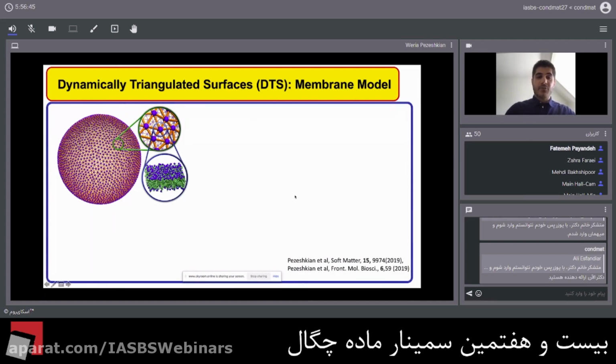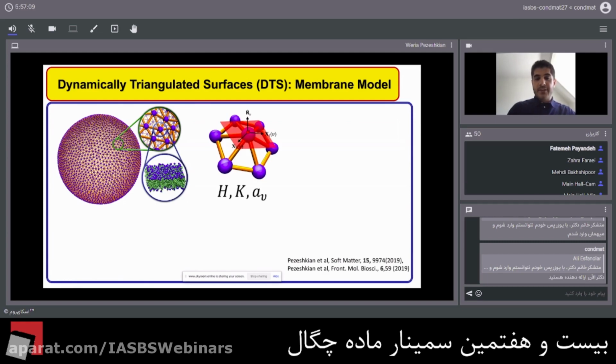And in this model, each membrane is represented by a triangulated mesh, and each vertex in the model represents a patch of membrane that contains hundreds of lipids. So it's quite coarse grained.